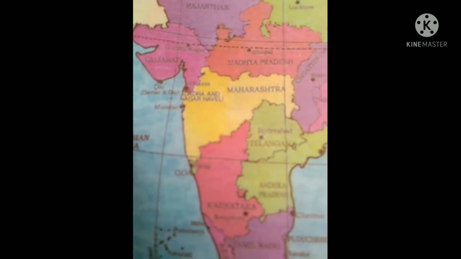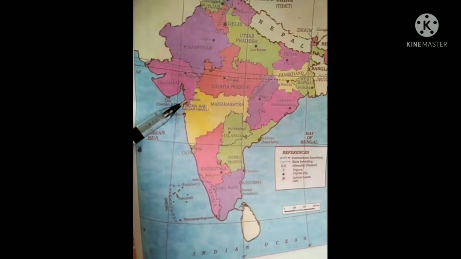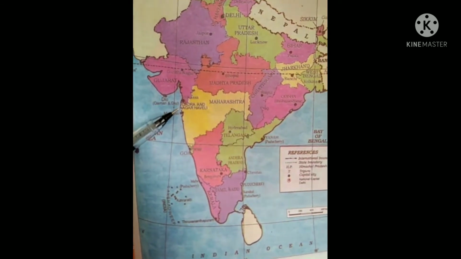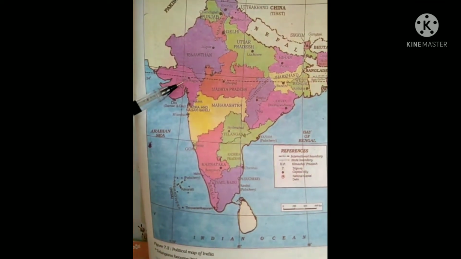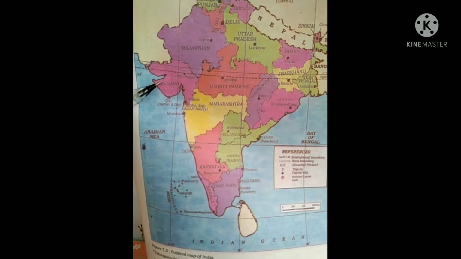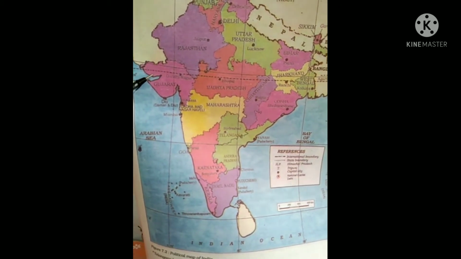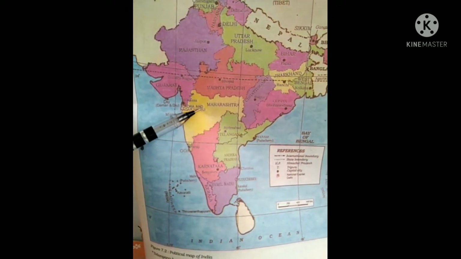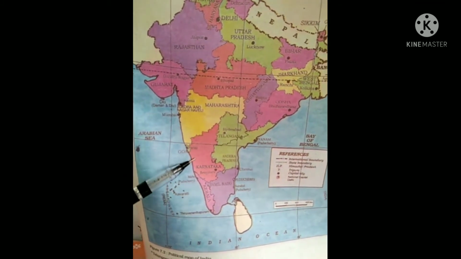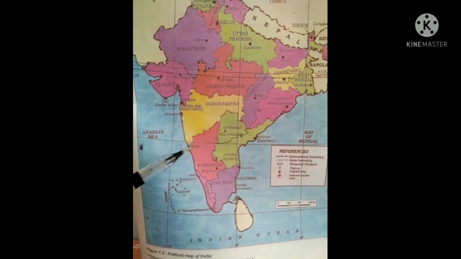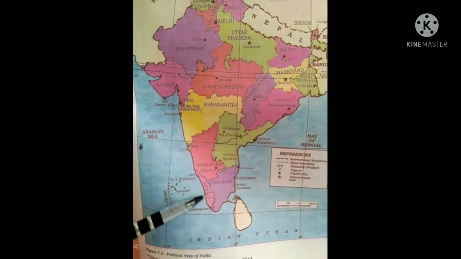Once again, you can see here where it starts from. That's the western coastal plain. Starts from Gujarat. Here it is Gujarat, in the northern part, passes through Gujarat and Maharashtra, then Goa it comes here, and Karnataka, ends in Kanyakumari.